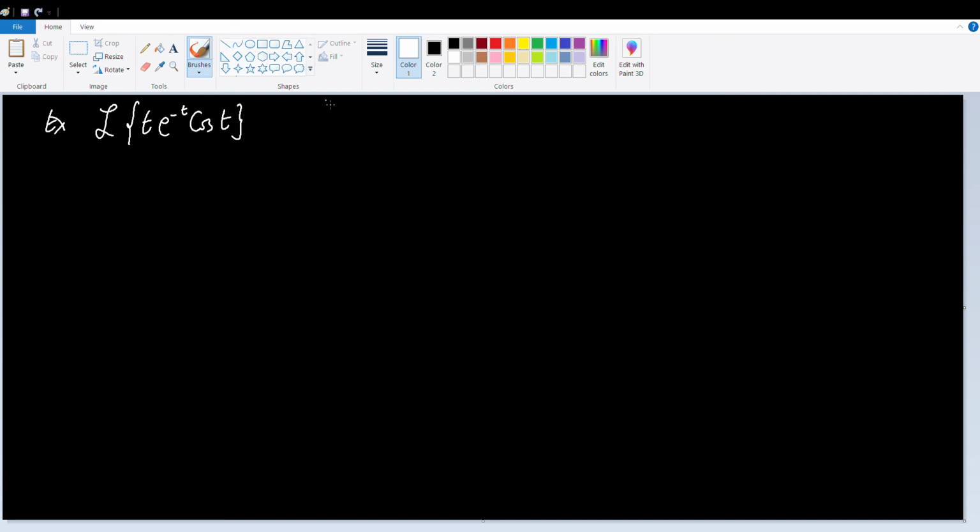Alright, so this will be a combination of what? T, e to the negative t, and cosine t. Alright? So we treat this as a t multiplied transform. So we shall let our f of t be equal to e to the negative t cosine of t.